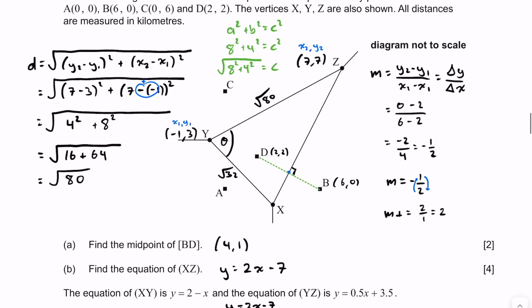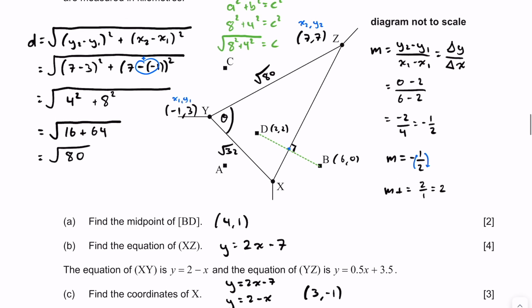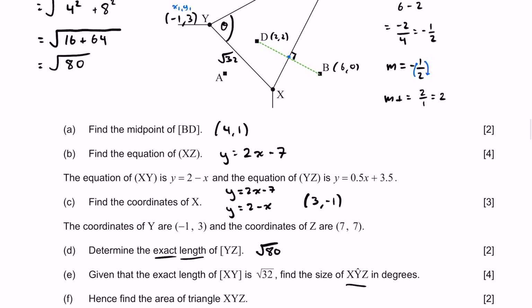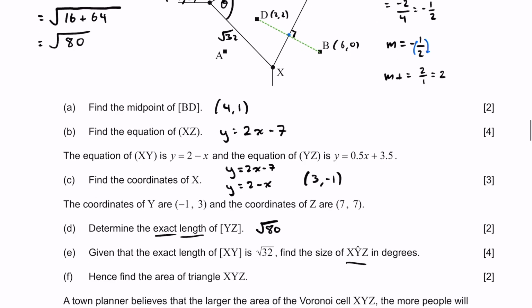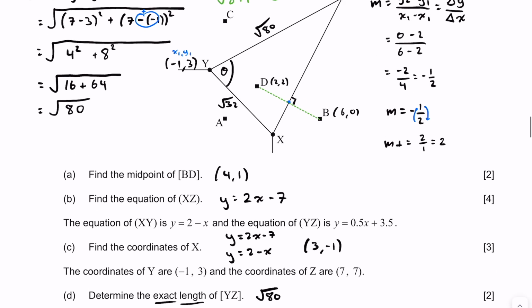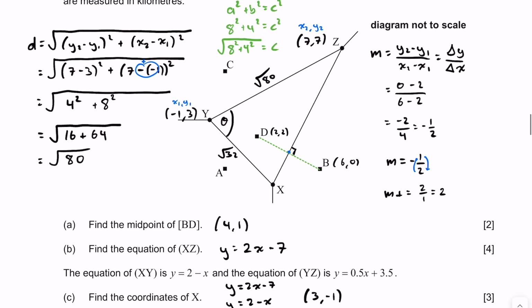I'm just wondering, because it seems like a repetitive skill. They already asked us to use the distance formula. It's very rare for the IB to ask you to do the same skill twice when they've already assessed for it. Okay, well, I think we're actually going to need to find the length of XZ right here.